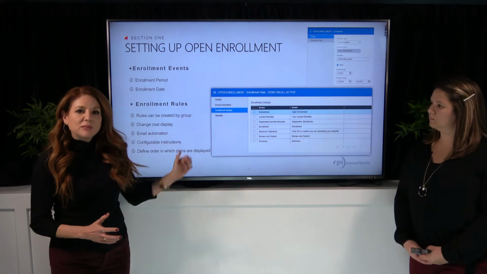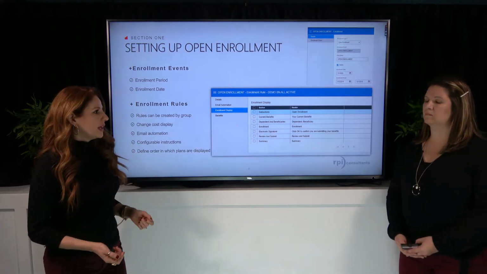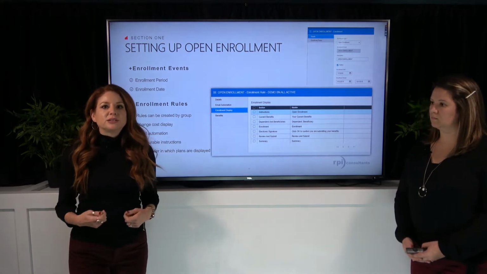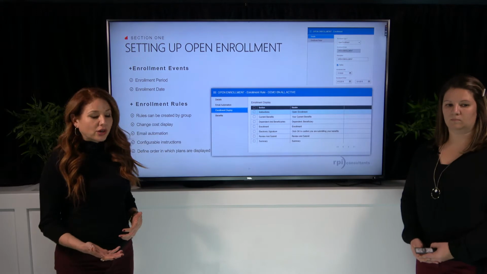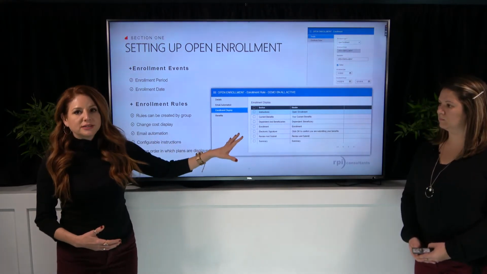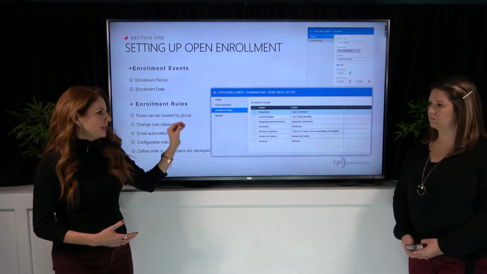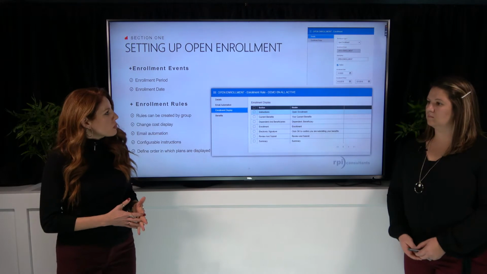Casey was talking about email automations that you would have had to do through IPA. You would have had to create flows to trigger emails to notify people whether or not they've done their enrollment or that enrollment has started. So again, a lot of out of the box functionality, check marks. You can choose it, you can not choose it, on what that experience is going to be like.